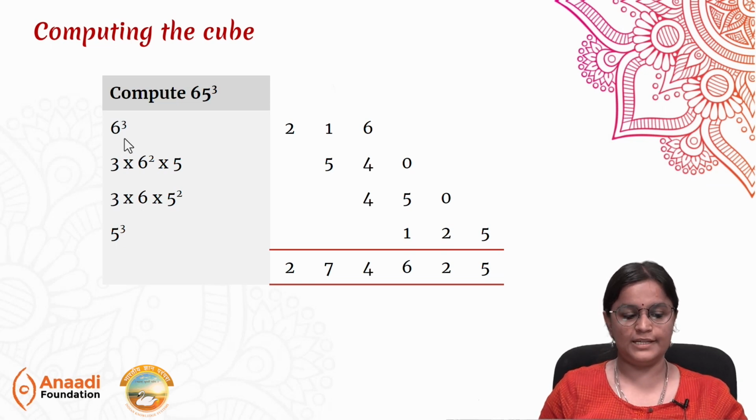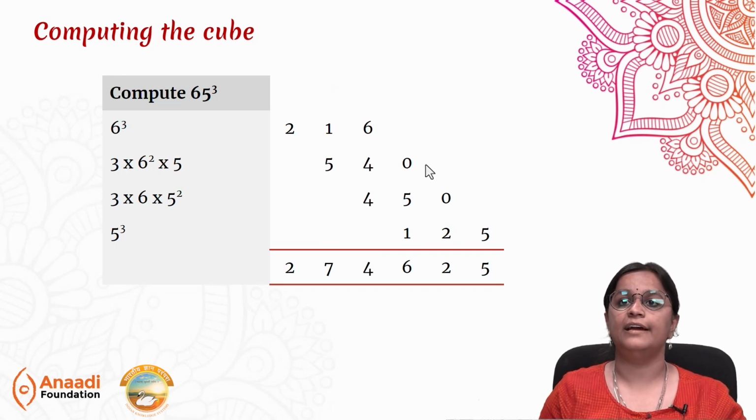Let's try one more example and see how to apply this technique. We start with 6 cube, which is 216. Next, we try finding 3A square B, which is 3 into 6 square into 5, since 5 is our Adi digit in this particular case, and we get 540. Remember to slide your digit one place towards the right and write it in this particular way.